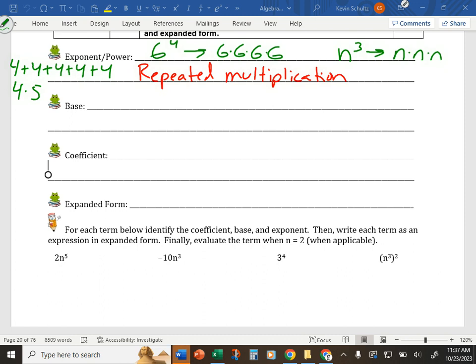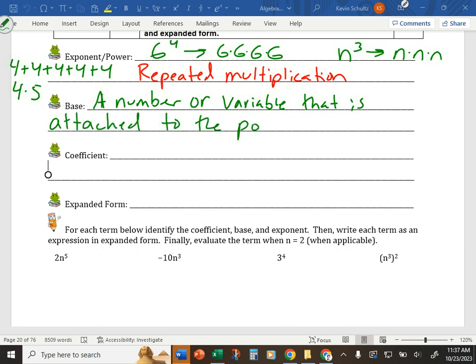And the base, here's our first definition. The base is a number or variable that is attached to the power.